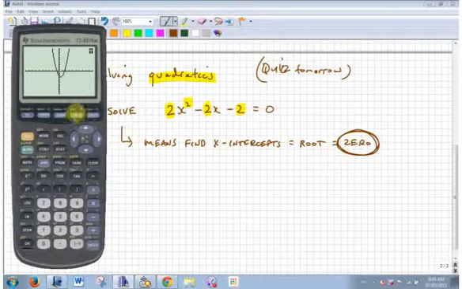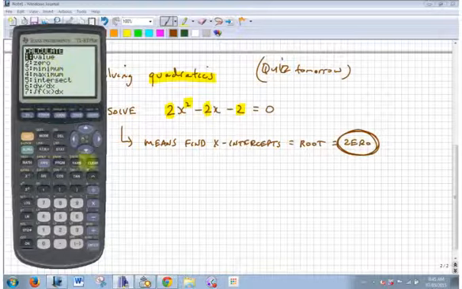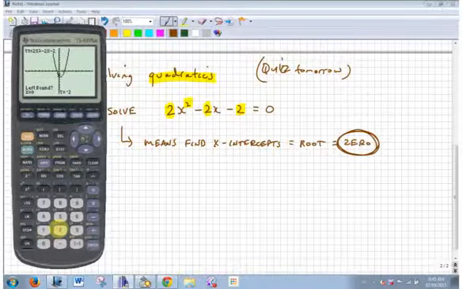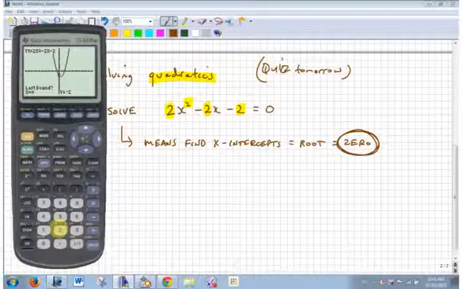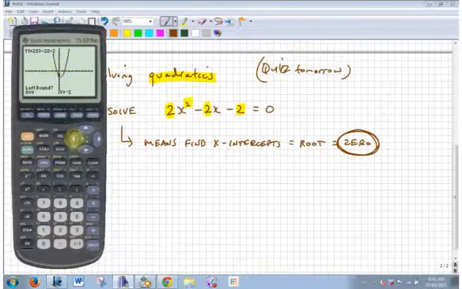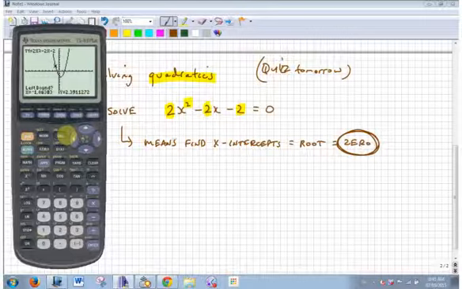Second function, calculate. This is called a 0. You can go down to that and press enter, or you just hit 2. Pick one. You can't do them both at the same time. Let's do the left one first. I have to go left of it. And this is kind of confusing for some kids because you're saying that's not left, it's above it. It's also left of it.